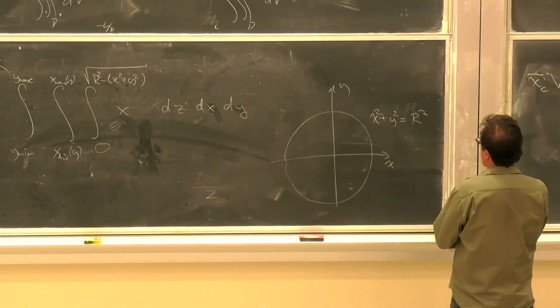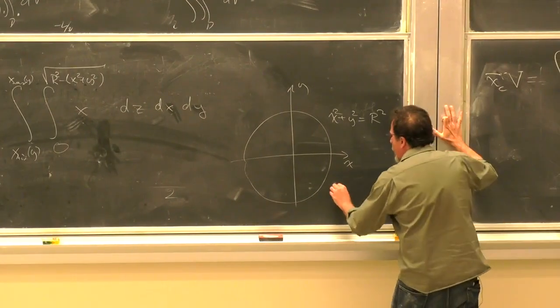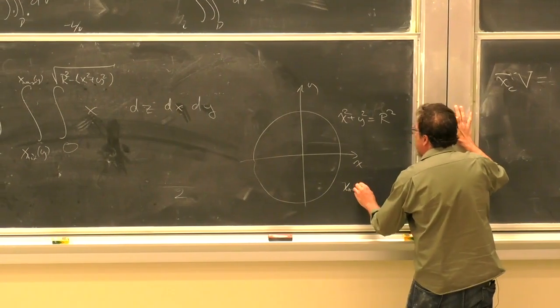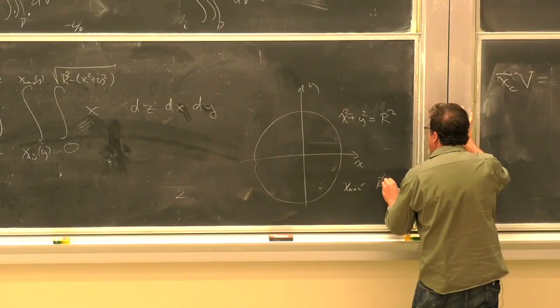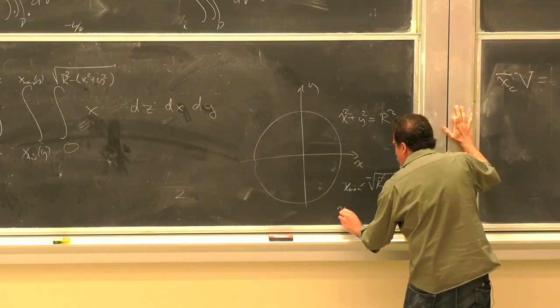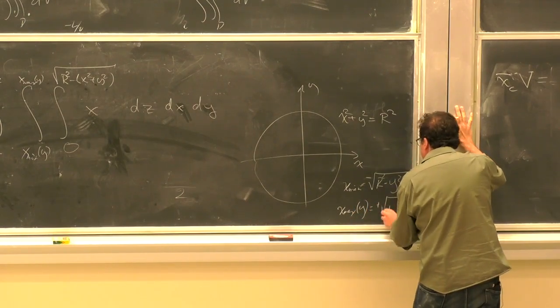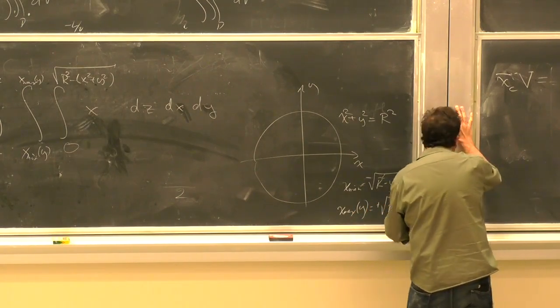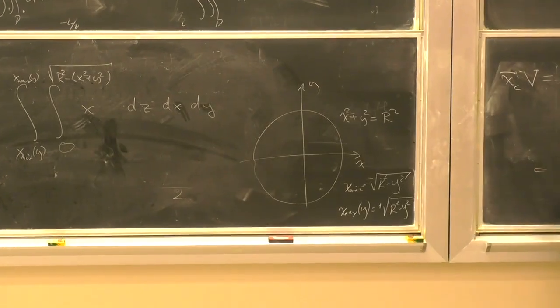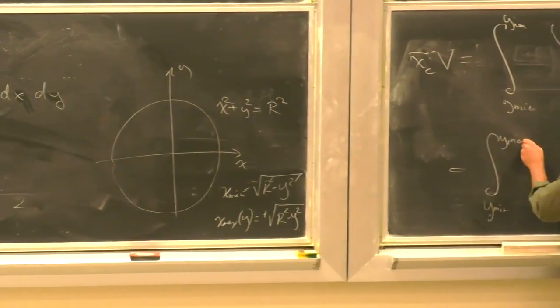Okay, this is x squared plus y squared equals r squared, and I need x min of y and x max of y. So x min is equal to the negative square root of r squared minus y squared, and x max of y equals the positive square root. And so this is great. By the way, notice I still haven't figured out y min or y max because I'm a lazy person.